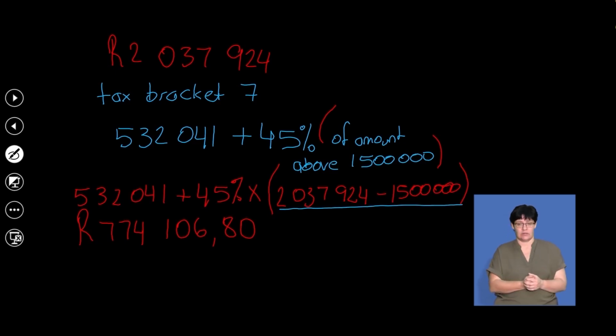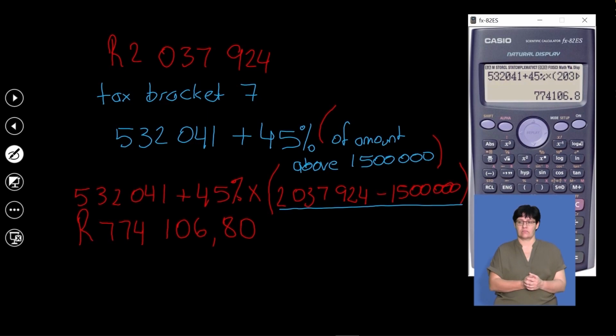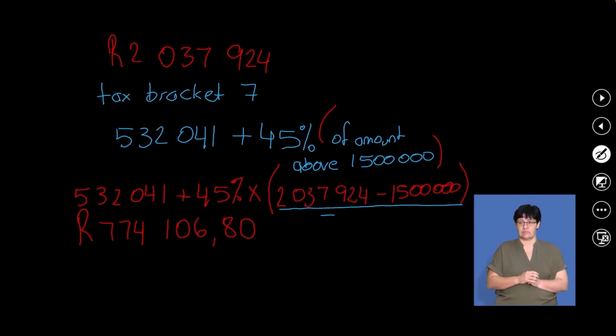So I'm going to do that. I'm going to clear this totally. So I'm going by 2,037,924, and I'm going to minus my 1.5 million. And I'm going to get 537,924. So I'm going to add this number. So that's the amount above.